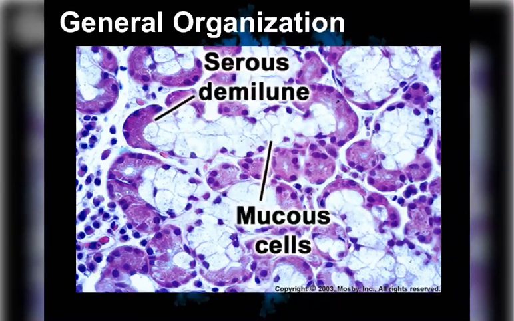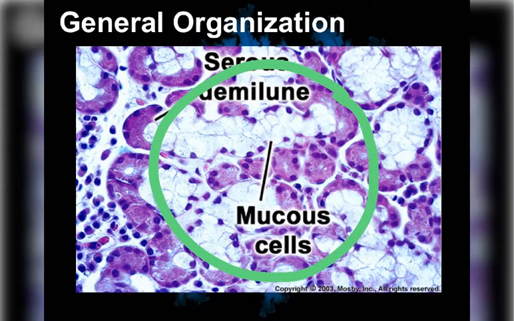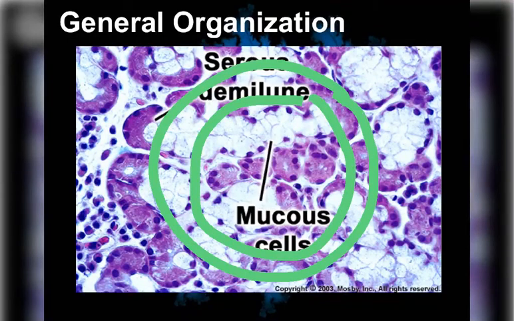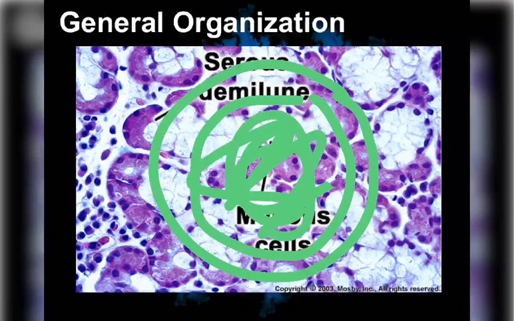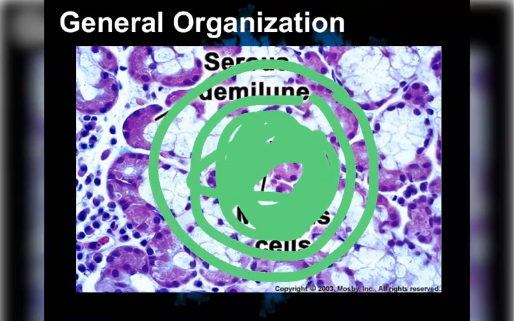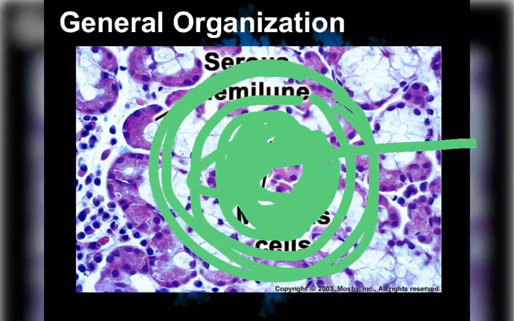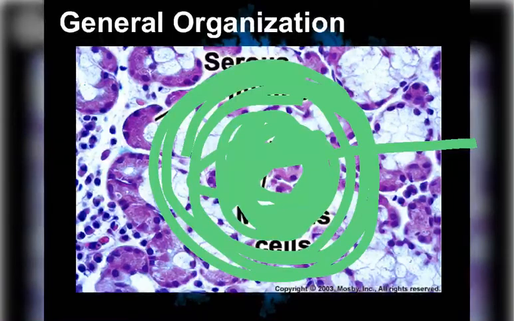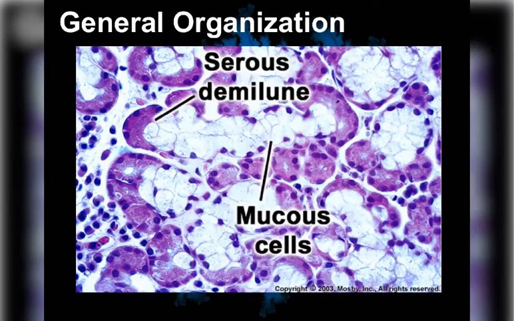That will lead to this foamy appearance and not the 100% clear appearance. So imagine you have a vacuole like this, with the mucin inside. The mucin doesn't take up the stain, so it will appear clear, but the periphery of the vacuole takes up the stain because it's plasma membrane.